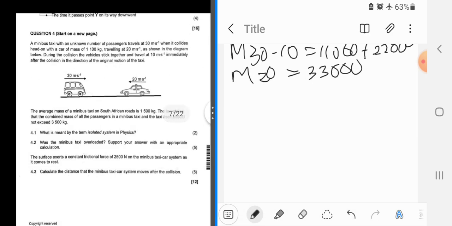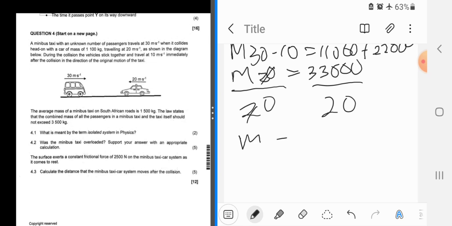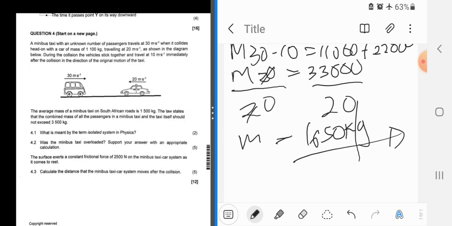Then we will divide by 20 to get m by itself, then m will equal 1,650 kg. So 1,650 kg is the m, the mass. 1,650 will be the mass of the minibus.